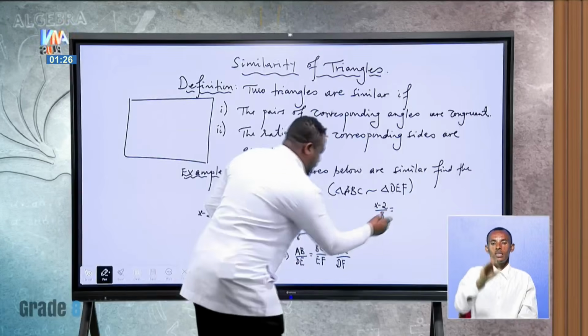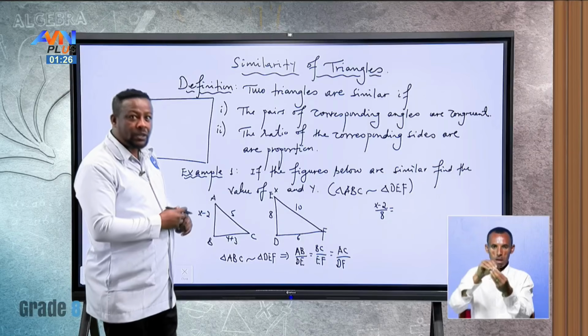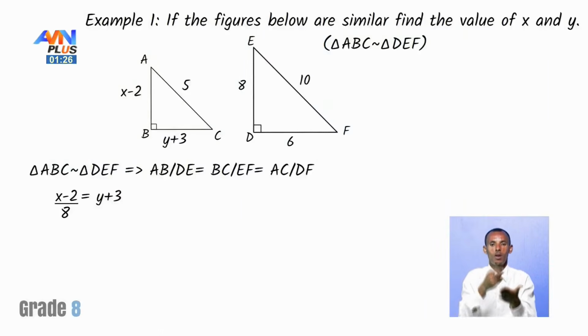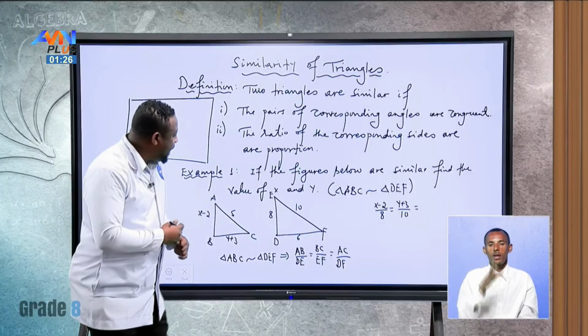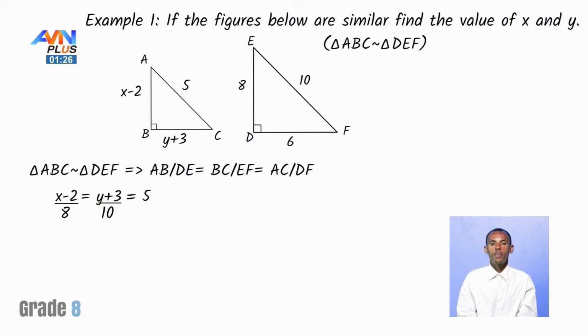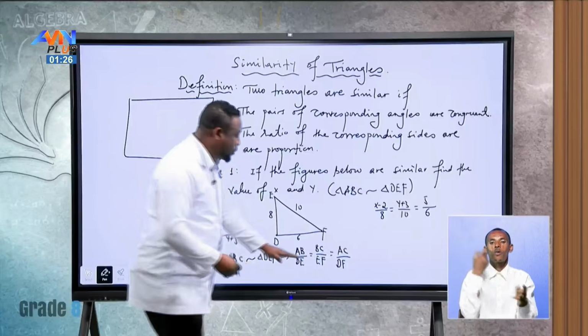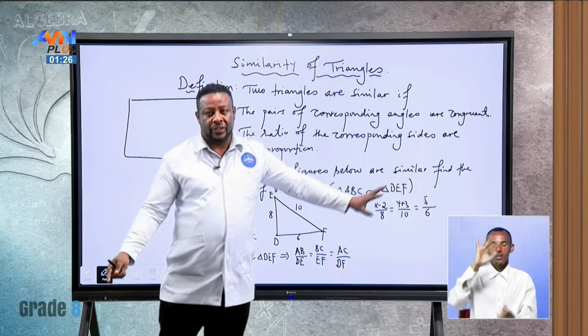DE is 8, and BC is y plus 3, then you can write here y plus 3 over EF is 10, and AC is 5 over DF is 6, okay? So from these proportions, we can get these equations, okay?